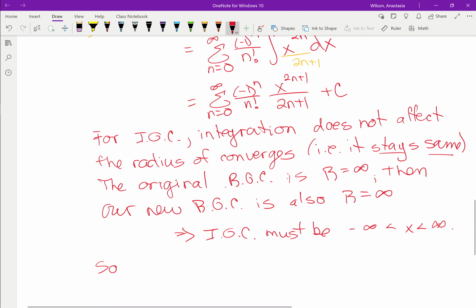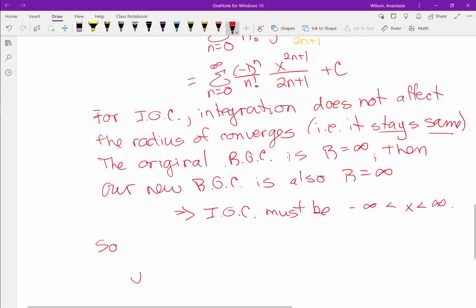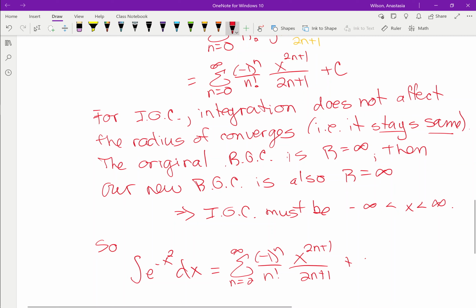So our final answer here, we're going to have our function, which is this integral of e to the negative x squared dx. This is equal to our series, the sum from n equals 0 to infinity, of negative 1 to the n over n factorial x to the 2n plus 1 over 2n plus 1 plus c. And this is true for all x between negative infinity and infinity.